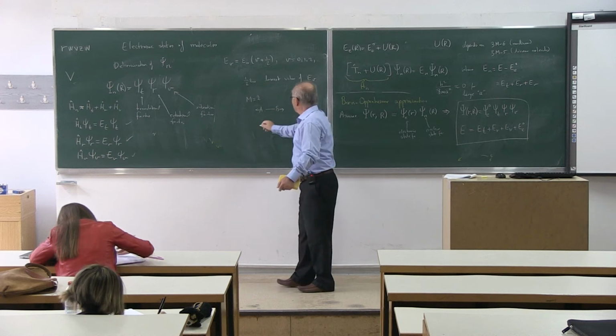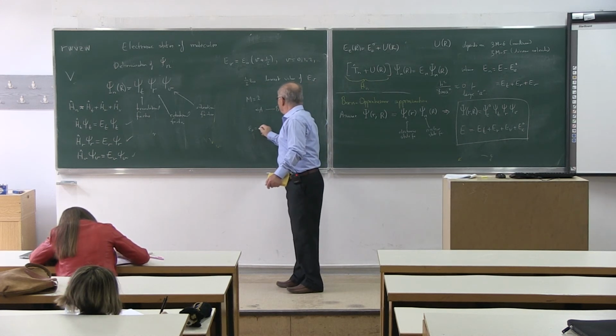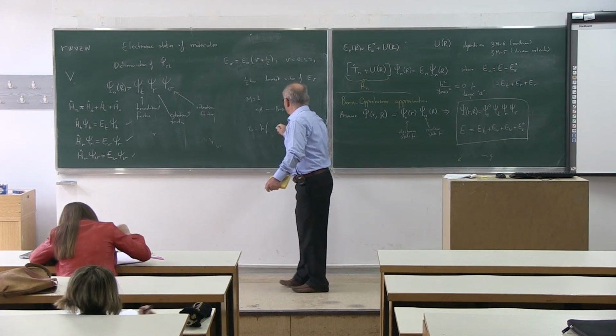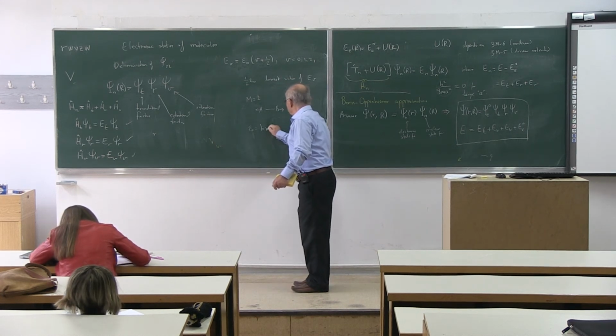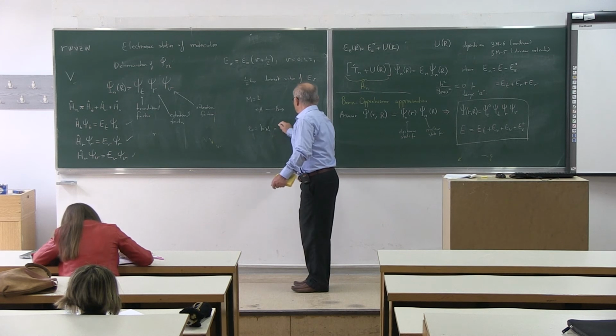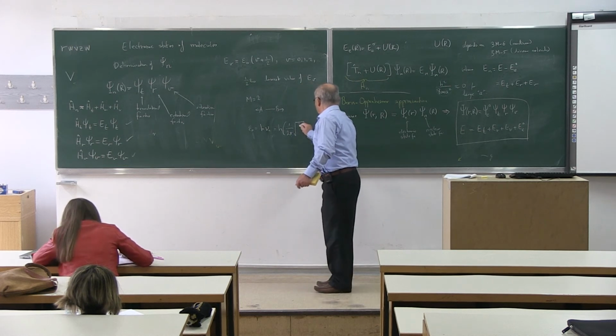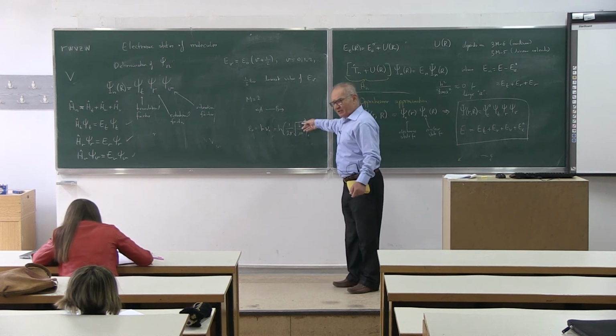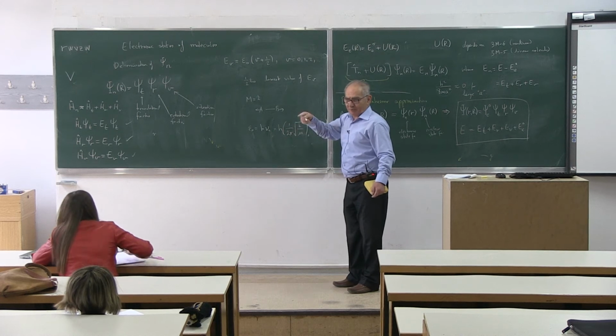This quantity ε0 was h times the vibrational frequency, or h times 1/2π times the square root of the force constant divided by the reduced mass of the diatomic. This expression is valid only for a diatomic molecule.